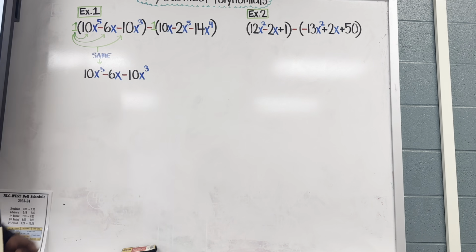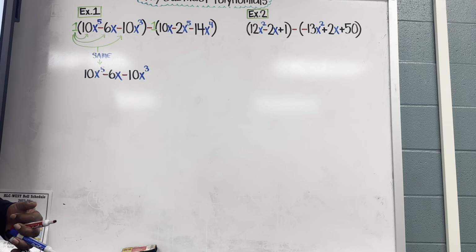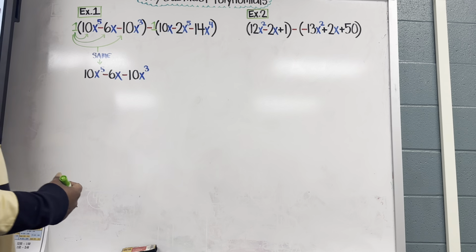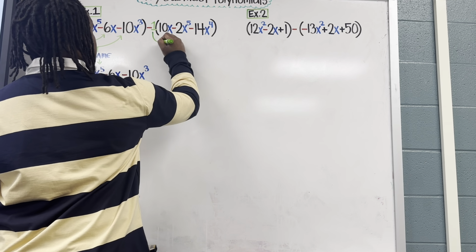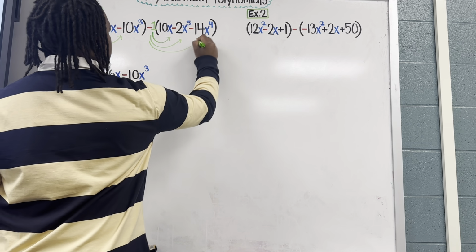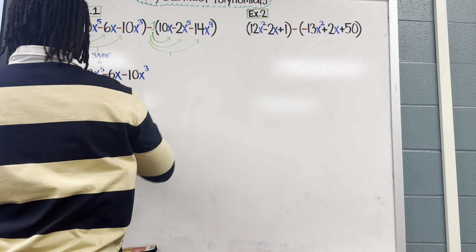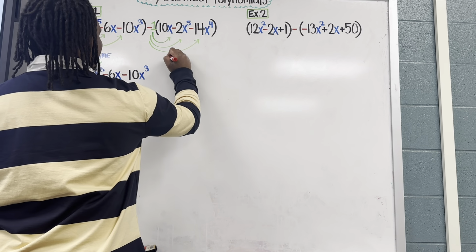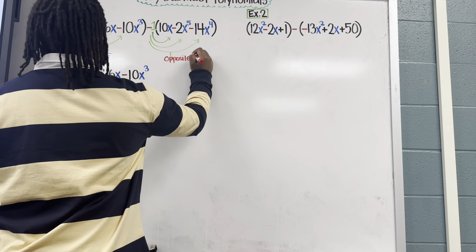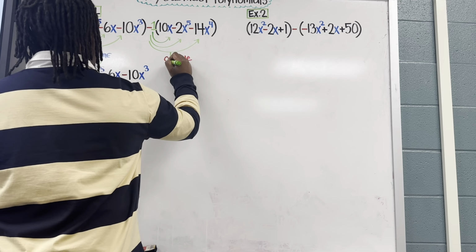And if I multiply anything by negative 1, it's going to become its opposite, okay? So everything that I multiply will become the opposite because I'm multiplying by negative 1, right? So everything will become its opposite, and you will see as I demonstrate, okay?